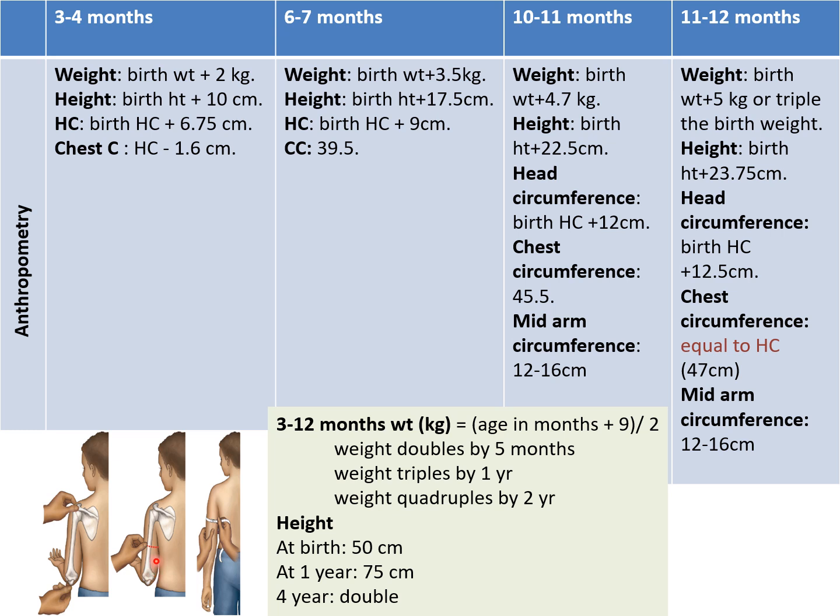Don't take the tape away, and at the midpoint you have to rotate the tape and find out the mid-arm circumference. Till 1 year, it should be in the range of 12 to 16 centimeter. The normal range we can tell is if the value is more than 13.5, the child is not malnourished.